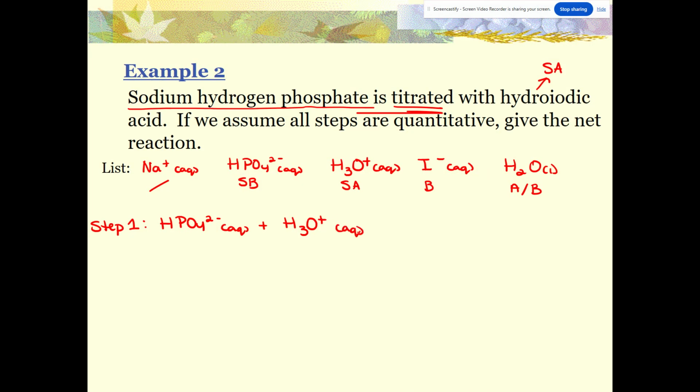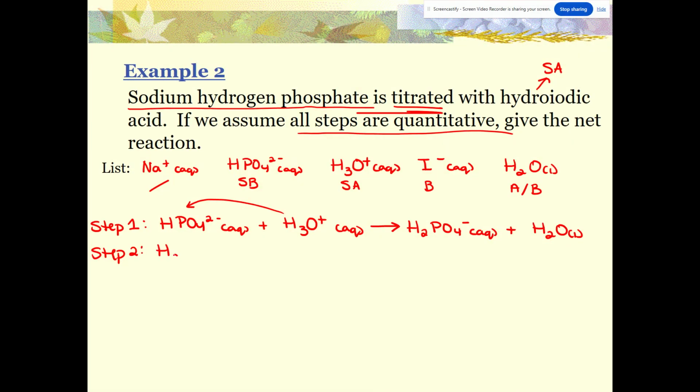Notice again how it says we assume the steps are quantitative, so fully forward processes. Now a base accepts a hydrogen from the acid. So this is going to make H2PO4 that still has a -1 charge, and H3O is going to be left as H2O liquid.